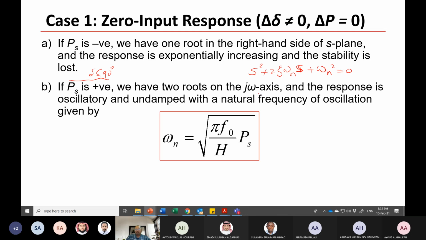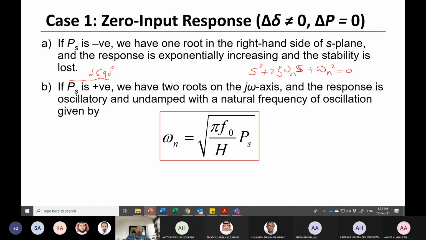This is the standard form of the characteristic equation of a second order system. So the coefficient of S is 2 zeta omega n, the free term is omega n square, and the coefficient of S square equals 1.